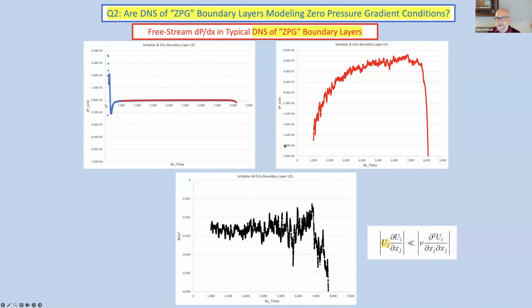Finally, why is that? I don't know if you can see my hands, but I'll try. The computation starts with a laminar boundary layer. You trip it, you compute, transition it, you compute to high Reynolds number, up to 10,000 or so, but you stop here in examining the data.